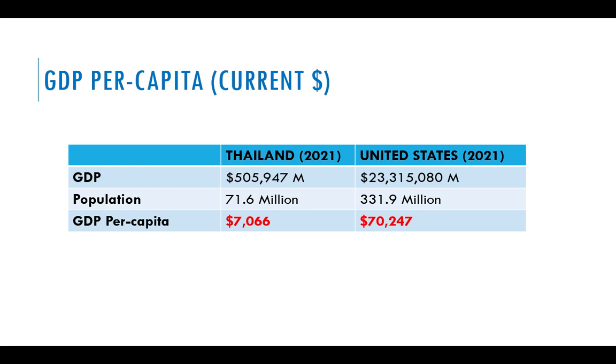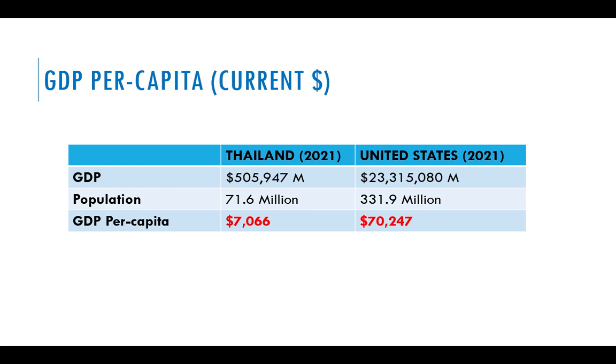So again, I can just take the top number divided by the bottom number, and then that gives me GDP per capita of a little over 70,247. We see that when we're using GDP per capita using the current dollars, not the purchasing power parity, the gap is huge, right?